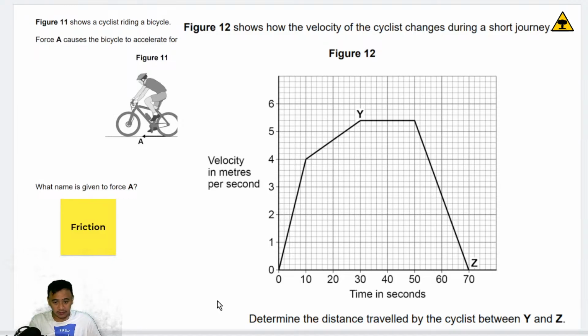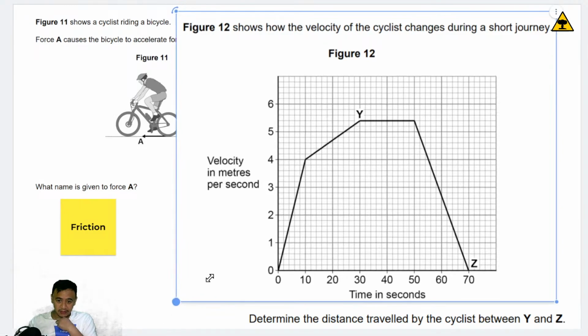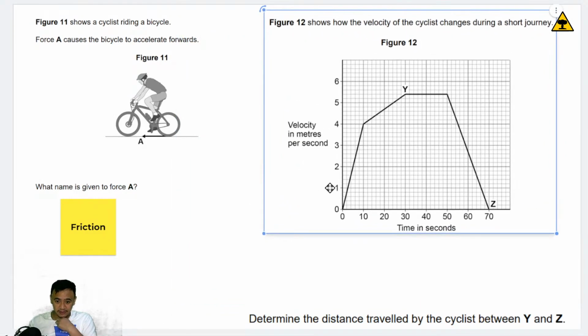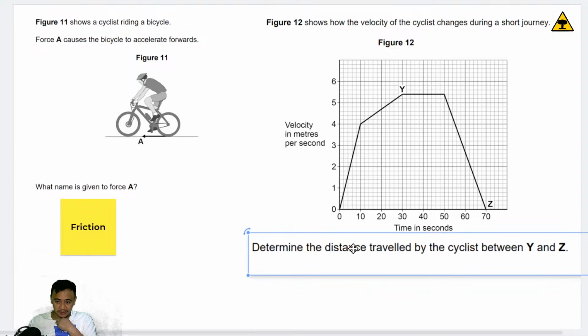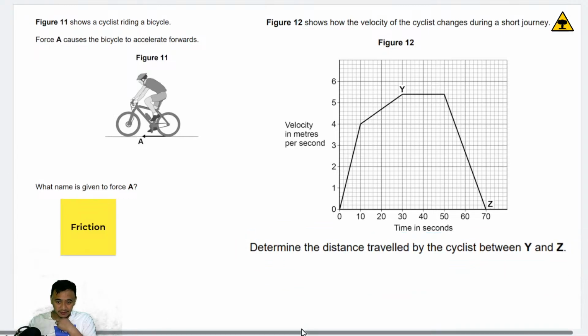Okay, I got it. What's your answer? 162 meters. Correct. I'll get this smaller now to fit everything. How do we do it again? Just get this area, and then get this area, and add it to the area of the triangle.